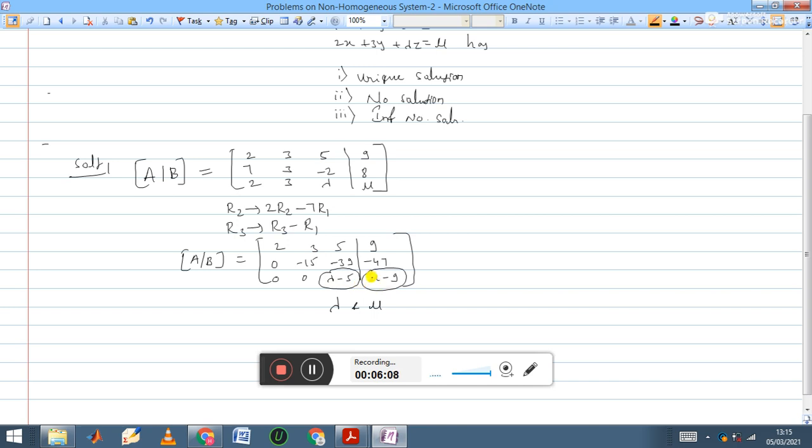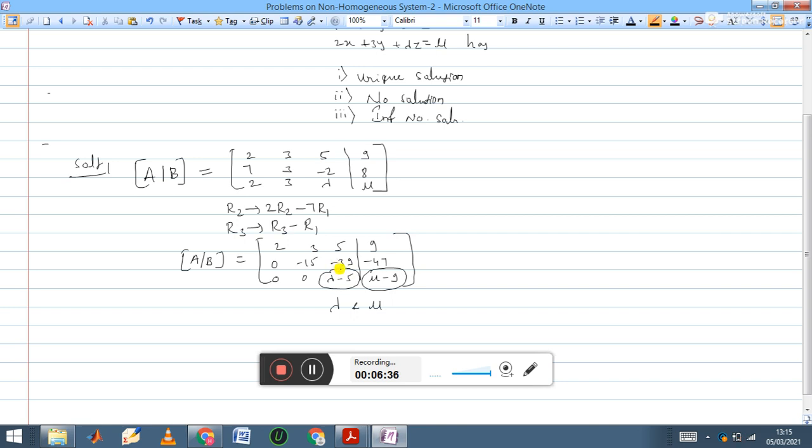Similarly if mu value is 9, then 9 minus 9 is 0. Then if lambda is 5 and mu is 9, rank of A is 2 and rank of AB is also 2, but the number of unknowns is 3. Hence the system is consistent and giving infinite number of solutions.